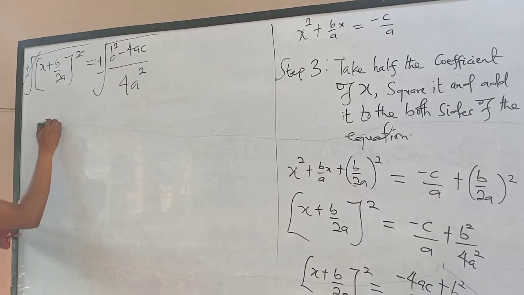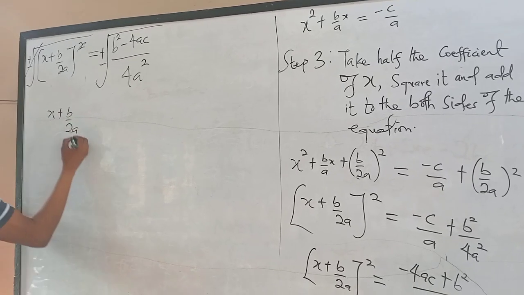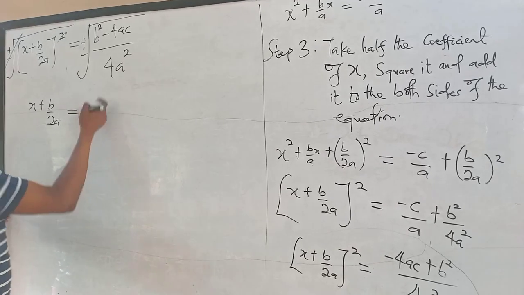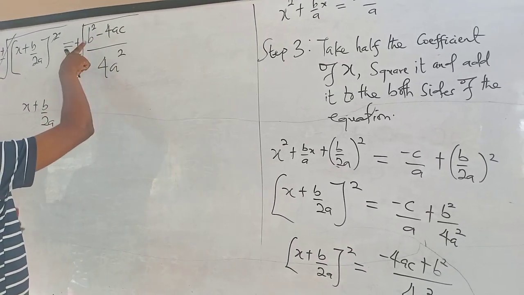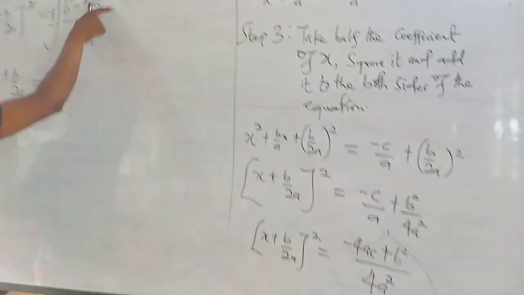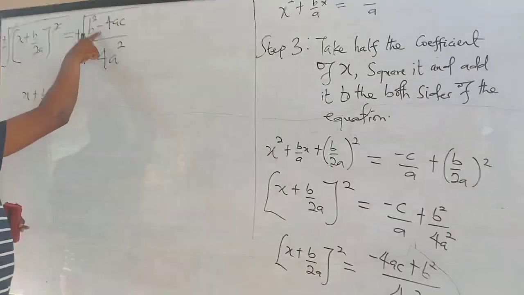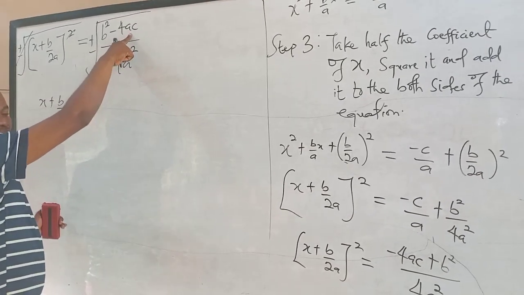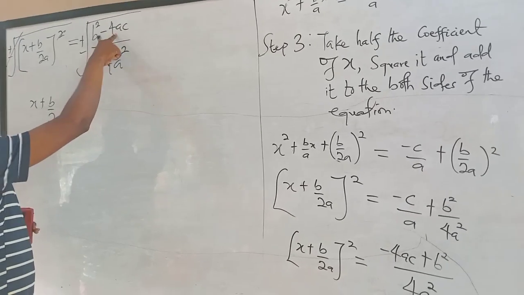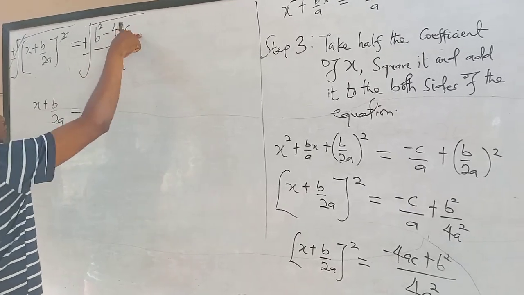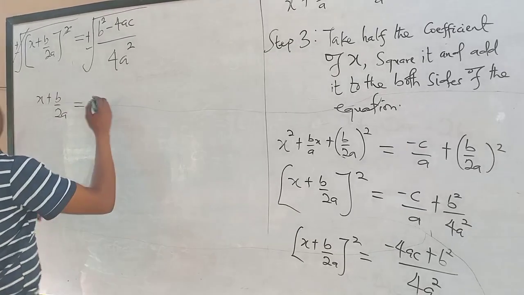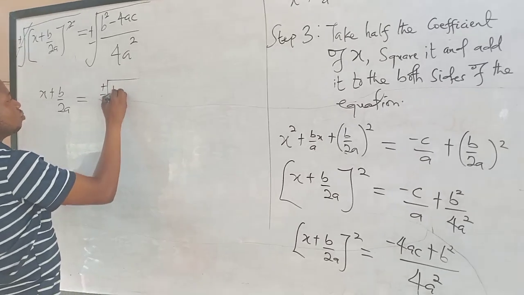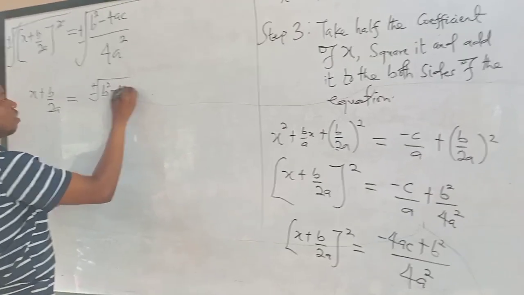I'm left with x plus b over 2a is equal to, okay, now when you look at the numerator, you find out that the root cannot have effect here because the mathematical connective here is negative, and everything here is not a perfect square. 4 is a perfect number, a is not, c is not, so the square root cannot have effect there. So we maintain the square root: plus or minus root b squared minus 4ac.